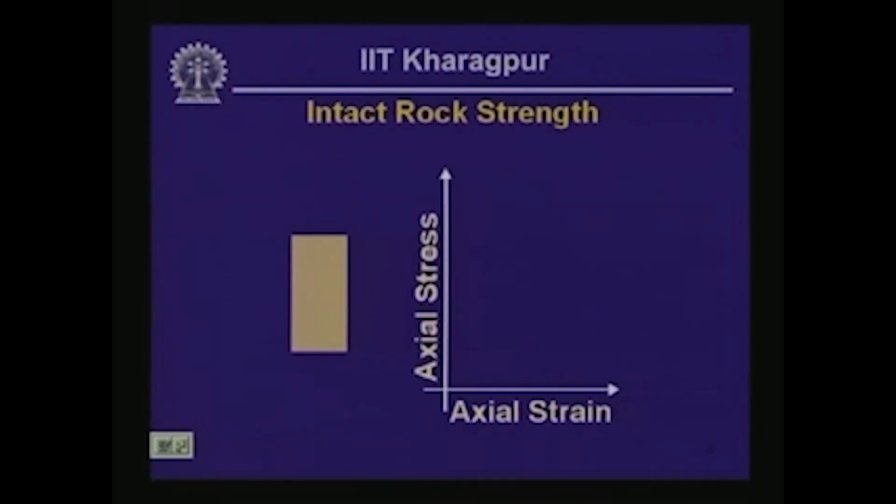The first step in trying to characterize the engineering behavior of rock mass is to characterize the properties of intact rock specimens, and the first thing that comes to mind is how you are going to characterize the strength of an intact rock specimen.